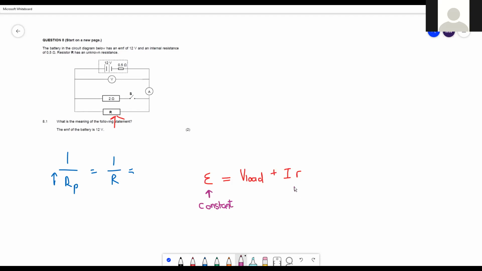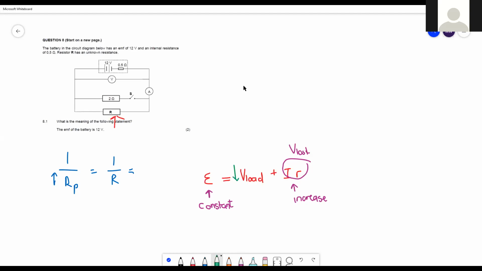This value over here is going to increase because a parallel circuit is a current divider. So this overall thing will increase. So that means for this to stay constant, if your internal resistance or your V lost increases, then your V load automatically has to decrease.